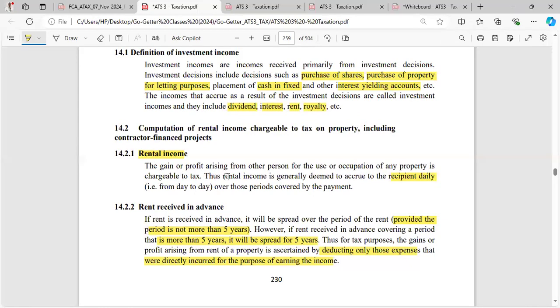They say thus rental income is generally deemed to accrue to the recipient daily. So it is this that they are asking you. It is the law. So there's nothing like explain it. The law says accrue it daily.